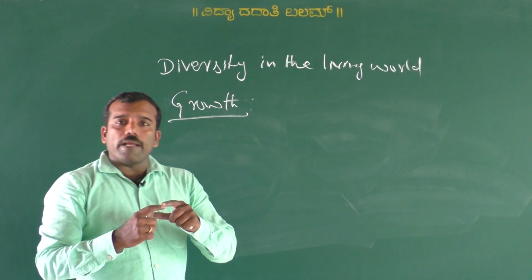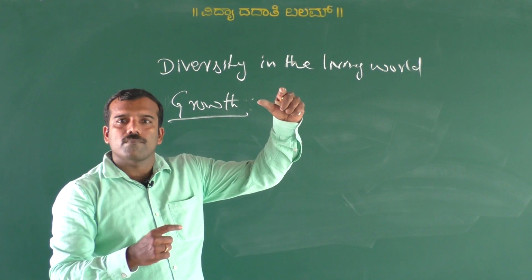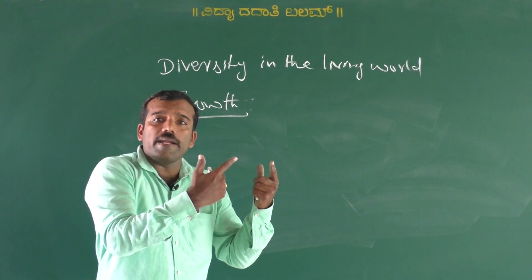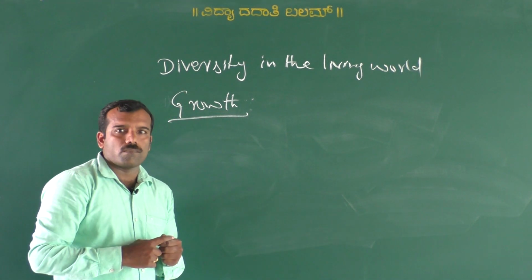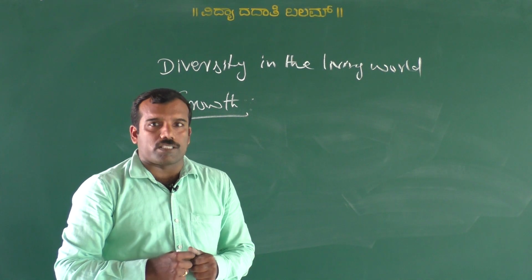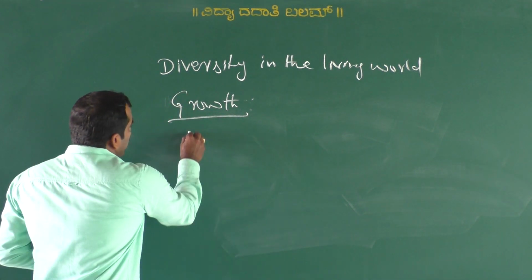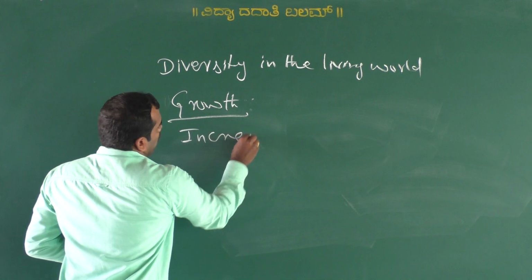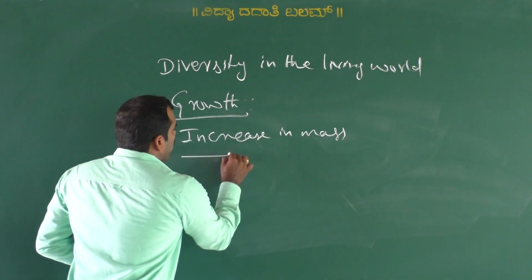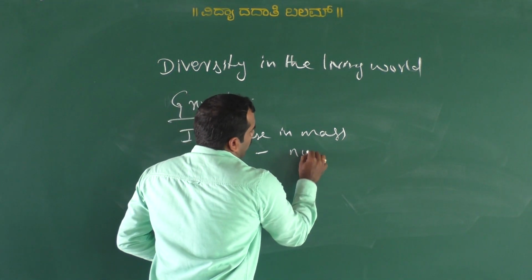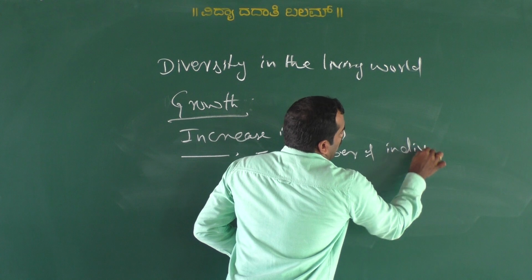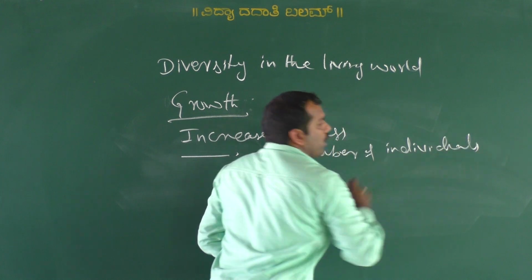So once the height is increased, they never become short. So increase in the height, increase in the mass. So in growth, the twin characters are increase in mass and increase in number of individuals.